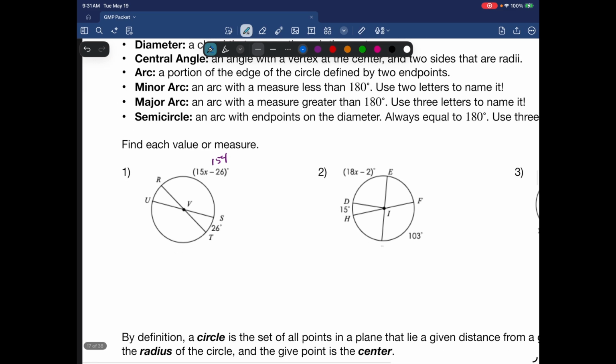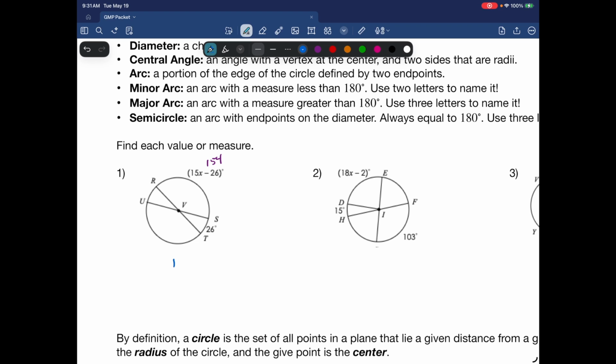So I simply set this up: 15x minus 26 equals 154. That's going to be 15x equals 180, and then x equals 12.